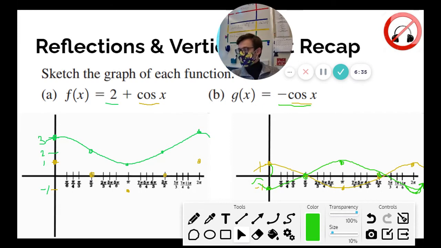So what you'll be seeing mainly here are identifying graphs with their equations, as well as coming up with some of those important characteristics like amplitude and period of these graphs.